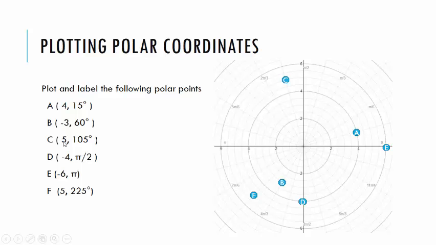C, the fifth circle, so 1, 2, 3, 4, 5, 105 degrees, keep in mind that's 90 plus 15, so I've graphed it right here so that it appears in quadrant 2.